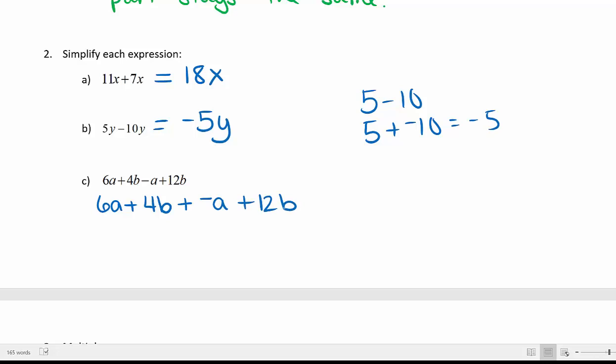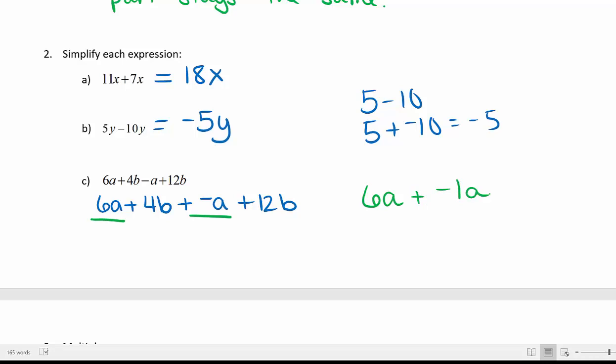But the idea is I can combine the terms with the a's and then combine the terms with the b's. So I have a 6a and a minus a. Now, if you don't see a number in front of the variable, you can actually think of it as there's an imaginary 1 in front of that variable. What this actually means is we have a 6a and then we have a minus 1a.